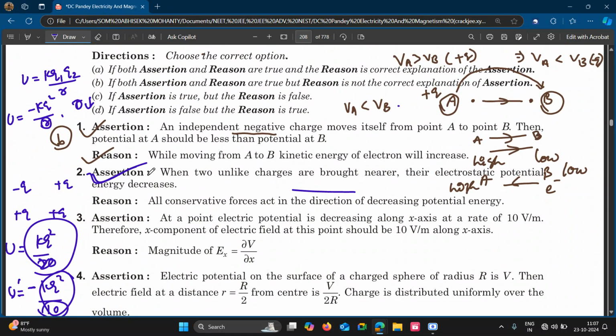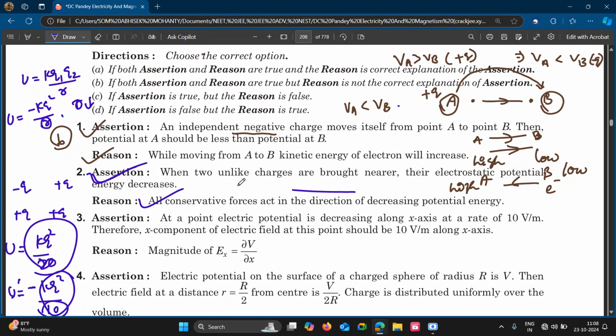Assertion is true. All conservative forces act in the direction of decreasing potential energy. That's correct. But again, that's not the correct explanation for assertion.